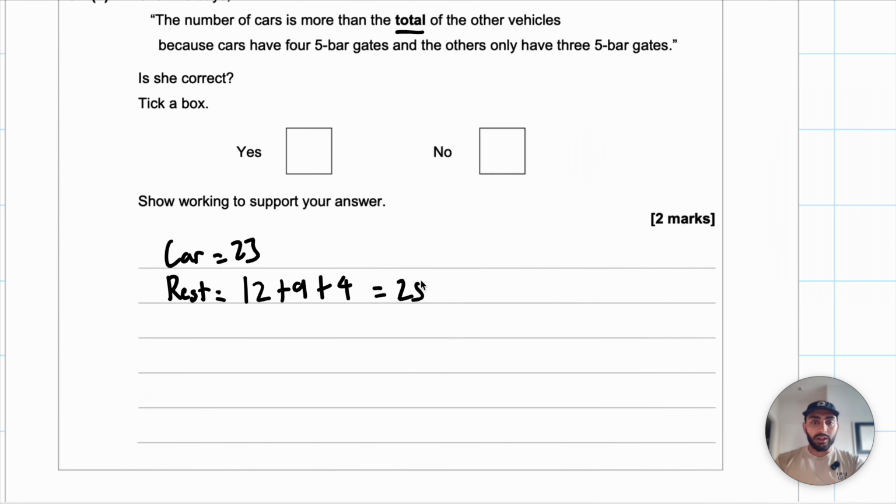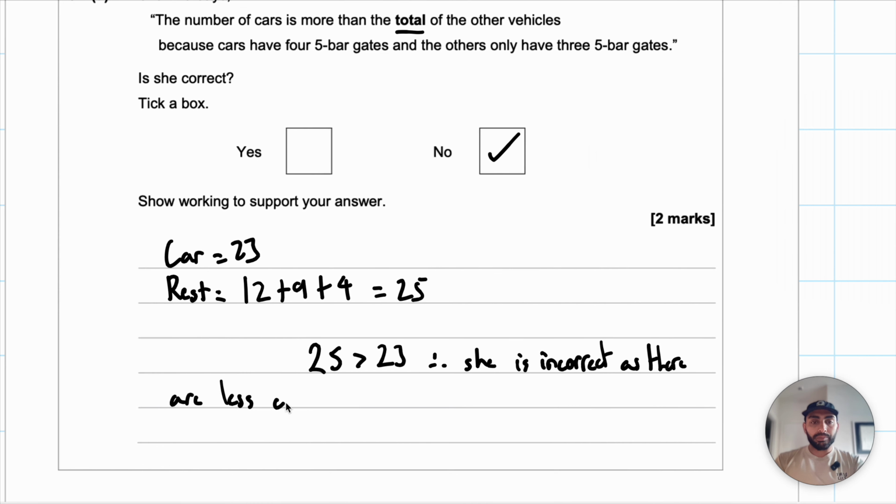So we can see 25 is more than 23, so her answer is incorrect. 25 is more than 23, therefore she is incorrect as there are less cars than the other vehicles.